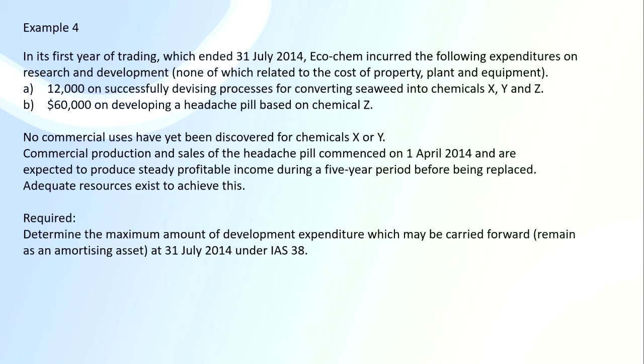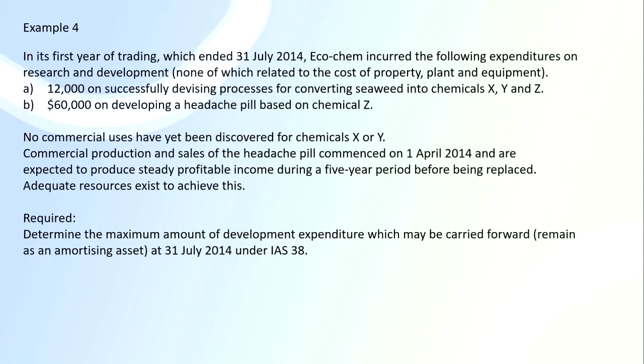So this 60,000 is recognized as an intangible non-current asset and reported in the statement of financial position. As at 31st July 2014, this cost needs to be amortized for 4 months, starting from 1 April to 31st July: April, May, June, July.